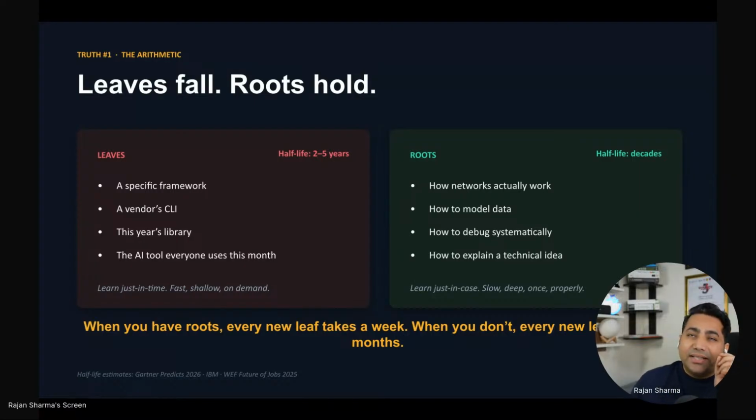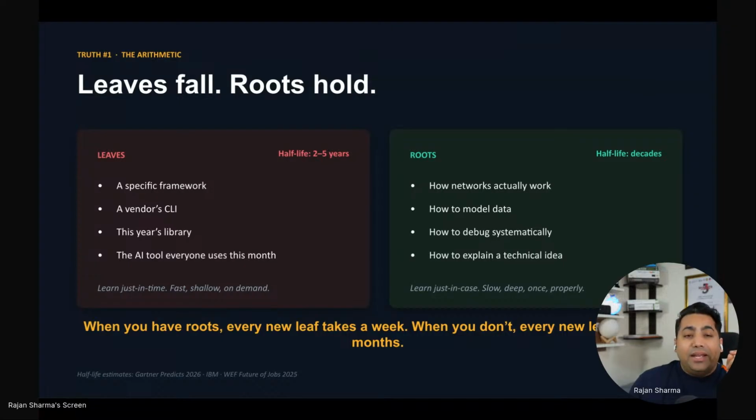Imagine the leaves are just the tools, or a specific framework, or a specific cloud provider CLI. You can take the example of this year's new library which was launched, or the AI tools every user is holding this month, the number of AI tools you nowadays love to use to do the work.